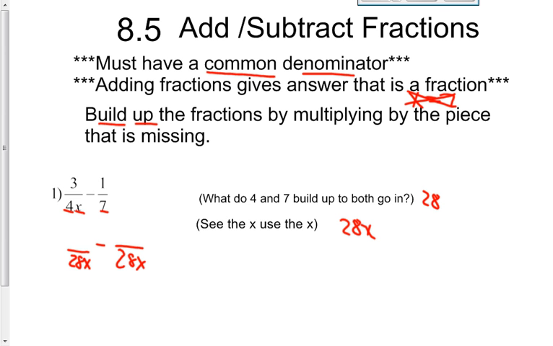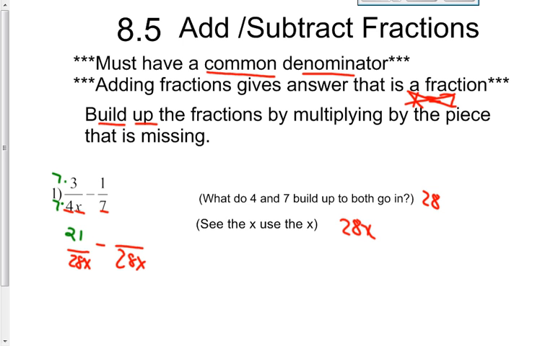If I started my first fraction as 4x and I need to build it up, in other words, multiply by something to give me 28x, what would I need to multiply by? I would have to multiply by 7. So I need to do that multiplying in both the top and the bottom. My new top will now say 21 over 28x.